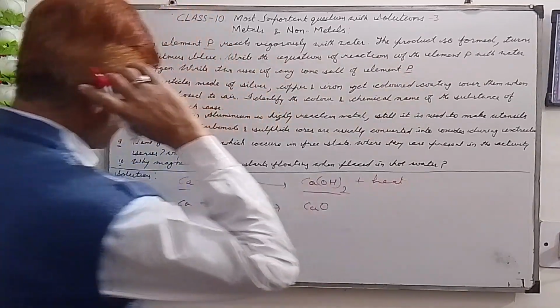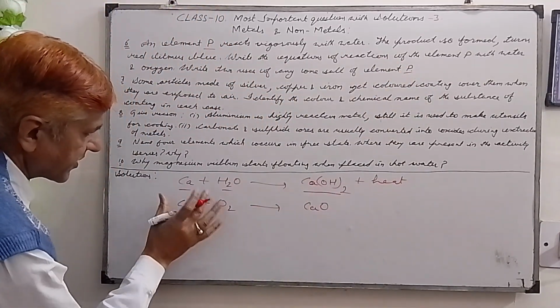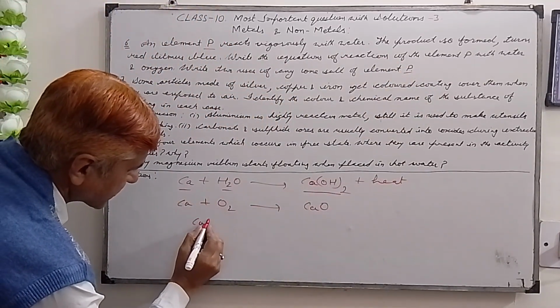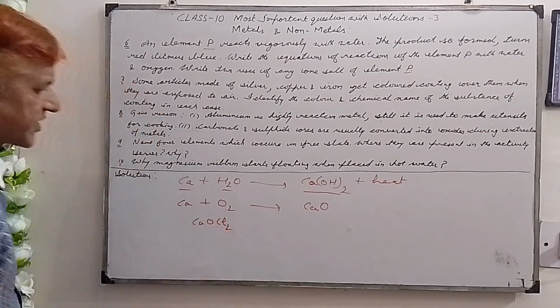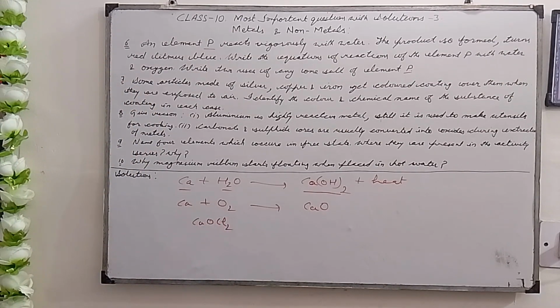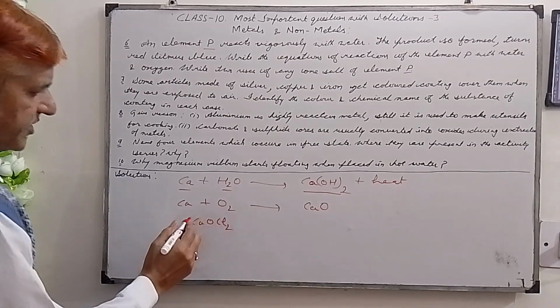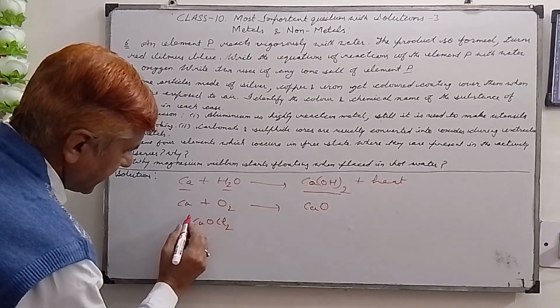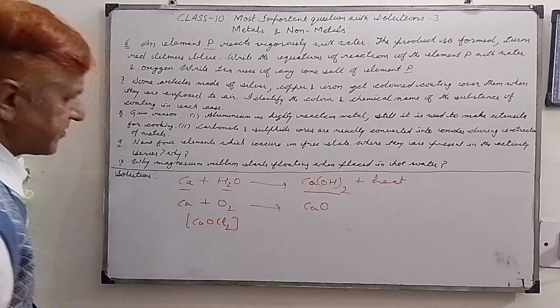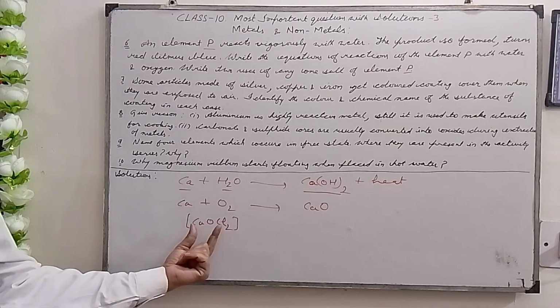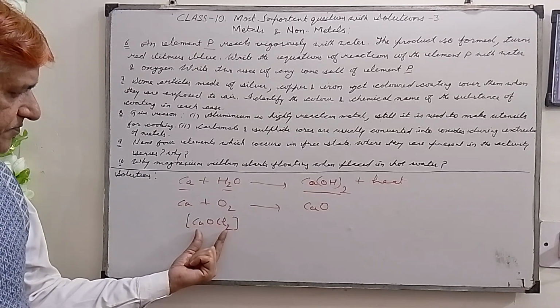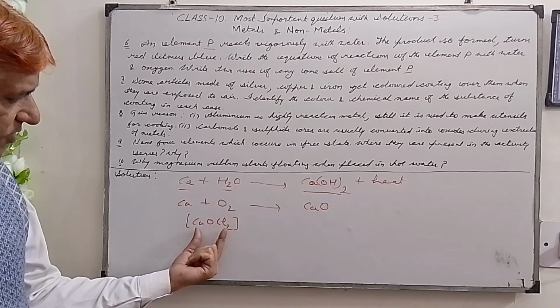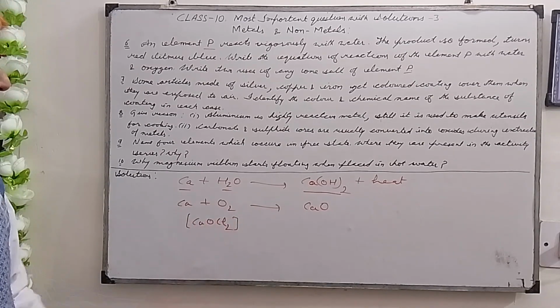Write two uses of any one salt of element P. For example, a salt of calcium is calcium oxychloride. My dear students, this is also called chloride of lime, or bleaching powder.